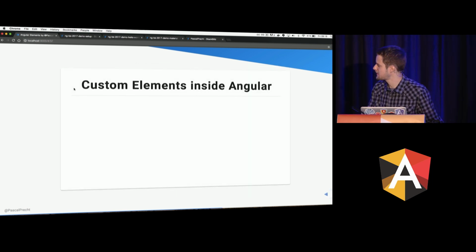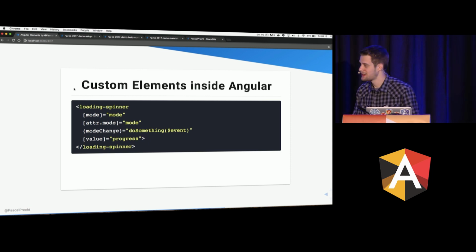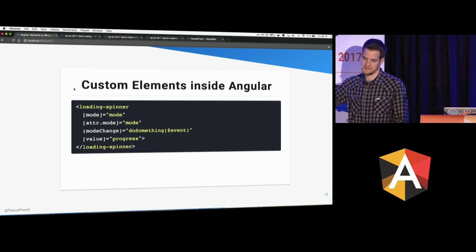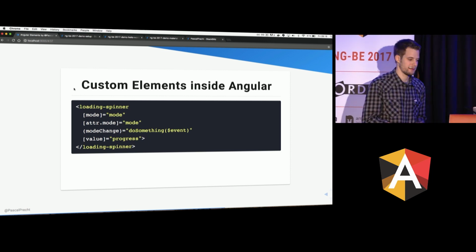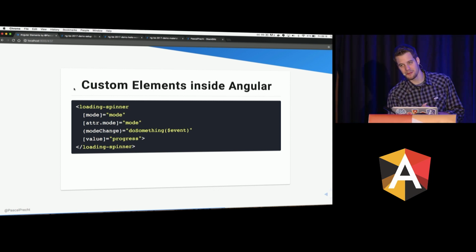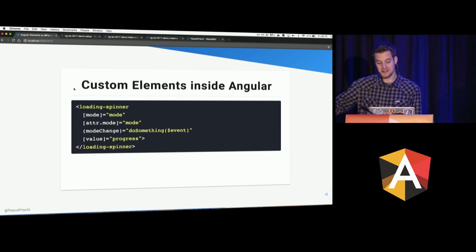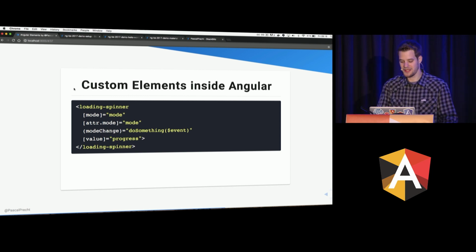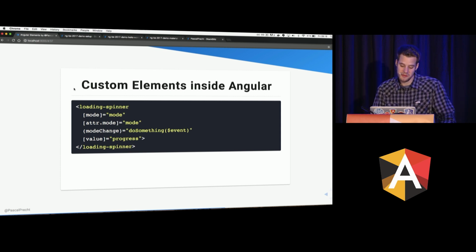It turns out that custom elements inside Angular already work very well, right? If we take a look at this, this is basically an example of what an Angular template could look like. We have the loading spinner. We have a property binding for the mode property, right? That's where we're using the property binding syntax with the square brackets. We can bind to attributes as well if we want to with expressions. We can bind to events.